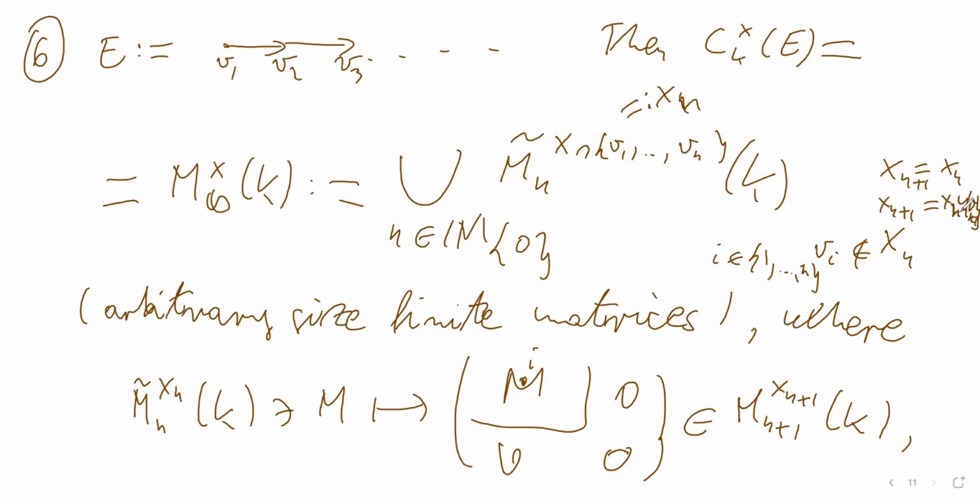But because I assume that I is from 1 to n, saying that Vi is not in xn plus 1 with this definition of xn, of course it means that it is not in xn and it's not Vn plus 1, but it's by assumption of Vn plus 1. So that's correct.